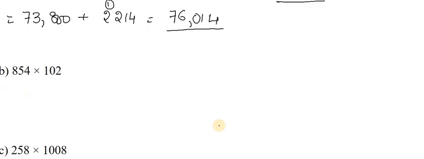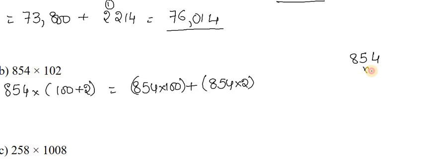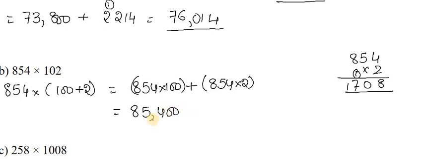Now in the same way we will follow this. 854 multiplied by 100 plus 2. 854 multiplied by 100 plus 854 multiplied by 2. So 854 into 2. 2 4s are 8, 2 5s are 10, 2 8s are 16 plus 1 17. 85,400 plus 1,708.